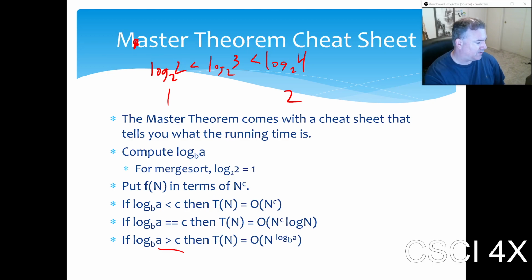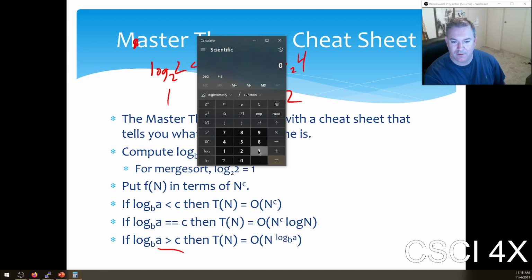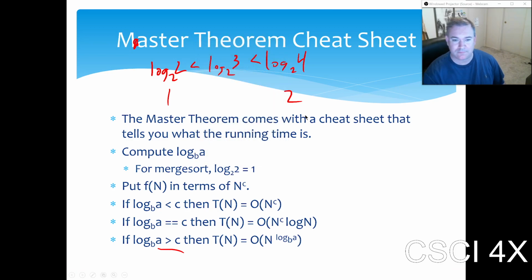Got 0.63. No, it's 1.6. Okay. So you see how you can just like eyeball these things? So 2 to the what power is 2, 1. 2 to the what power is 4, 2.